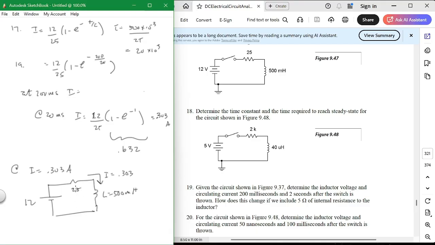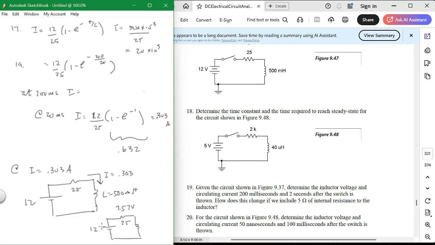7.57. So now I can go back and say that at that instant in time, I've got 12 volts over here, I've got 7.57 volts over here, and I have what's left over here. What's left?